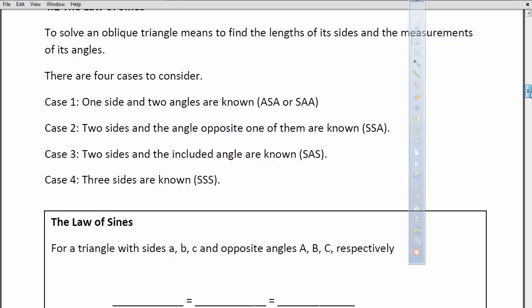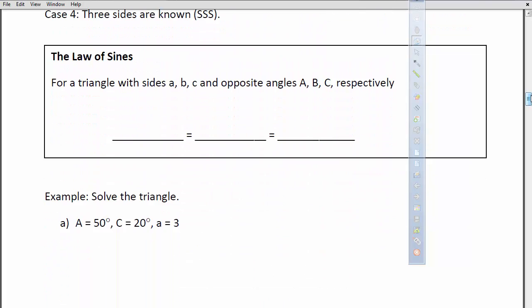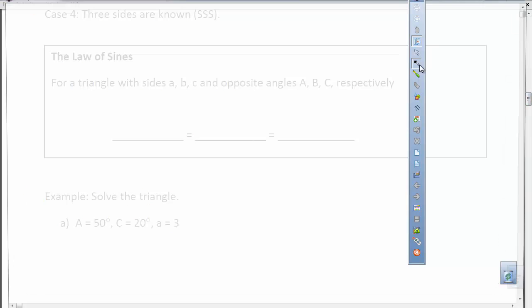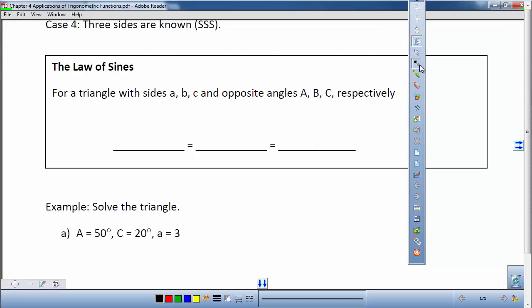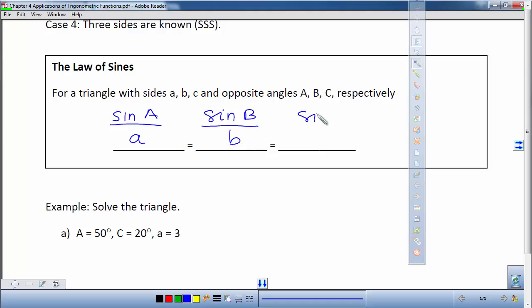All right, so what is the law of sines? It says for a triangle with sides a, b, and c, and opposite angles capital A, B, and C respectively, we say that sine A over a is equal to sine B over b is equal to sine C over c.